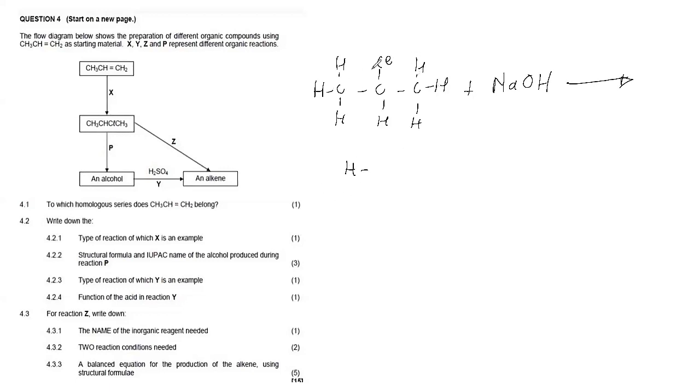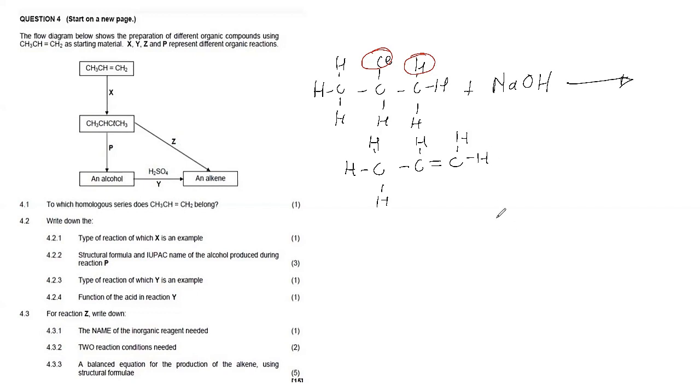But remember, this is an elimination reaction. So that means we must eliminate the chlorine and then also eliminate the hydrogen from a carbon that follows there. Remember, we cannot take the chlorine and the hydrogen from one carbon. So in between those two carbon atoms, we're going to have our double bond forming there.